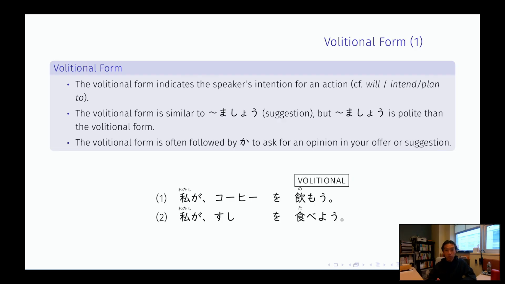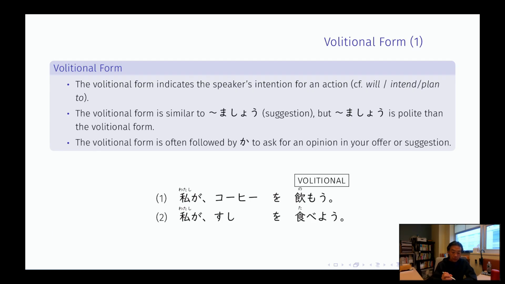These are things we use, like te form, ta form. These are all conjugations, and volitional form is one of them. The volitional form has its own meaning, which is intention, volition, right? So the volitional form by itself implies your intention about the action.